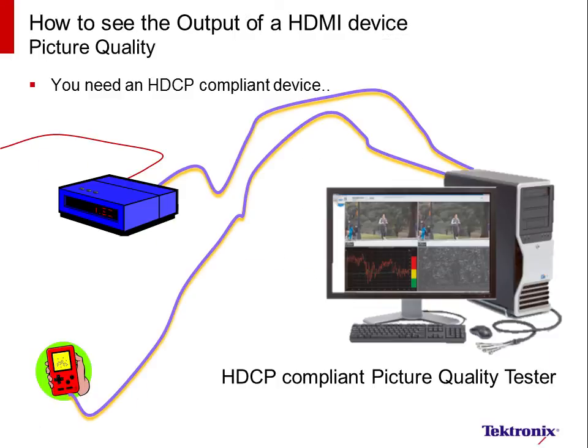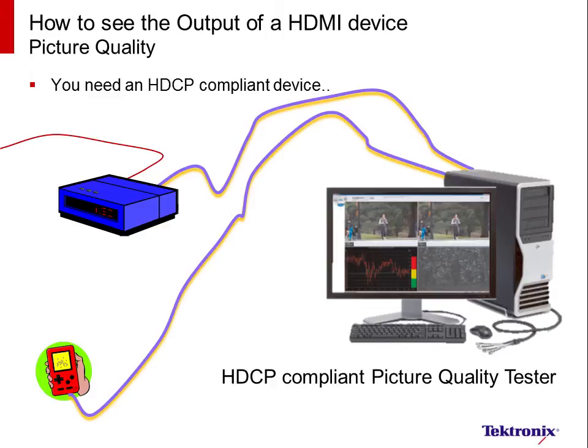If we want to look at the output quality of a set-top box, for example, we would need to have a picture quality analyzer that is capable of being an HDCP compliant device and handshaking with the HDCP transmitter in the set-top box.